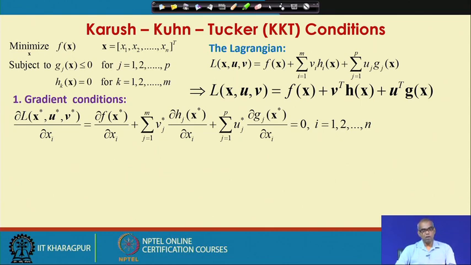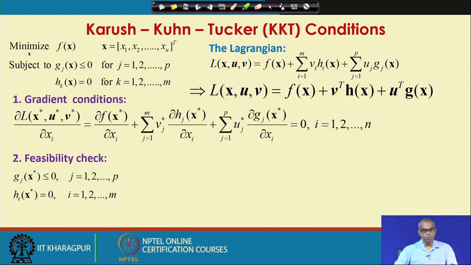So, the stationary point, let us say, is x star, u star, v star. So, for i equal to 1 to n, for each decision variable, del L del x_i will be equal to 0 when evaluated at x star, u star, v star. So, this is the gradient condition which must be satisfied.